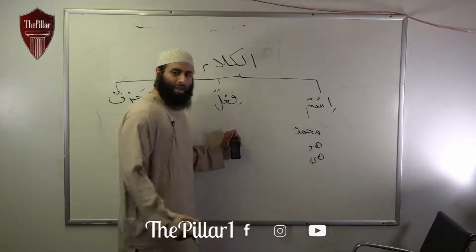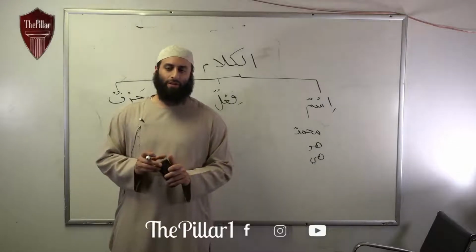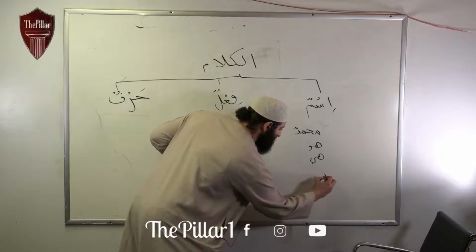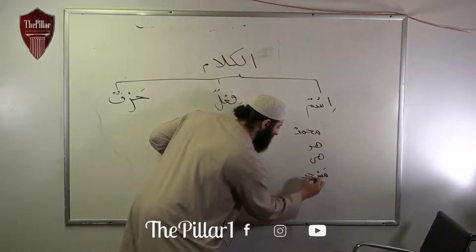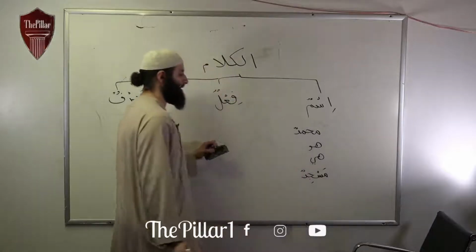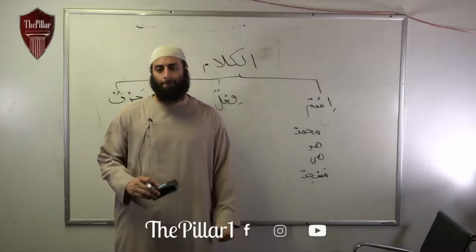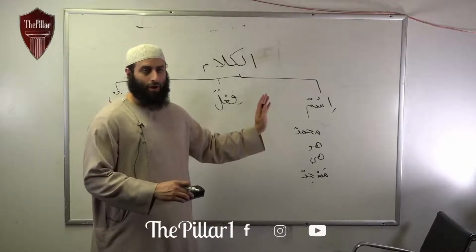Hiya. It could be a place, like where we're at right now. It's in a mosque. We're going to say a masjid, masjidun. Okay? So that's in regards to an ism. And there's still a lot more categorizations under ism.